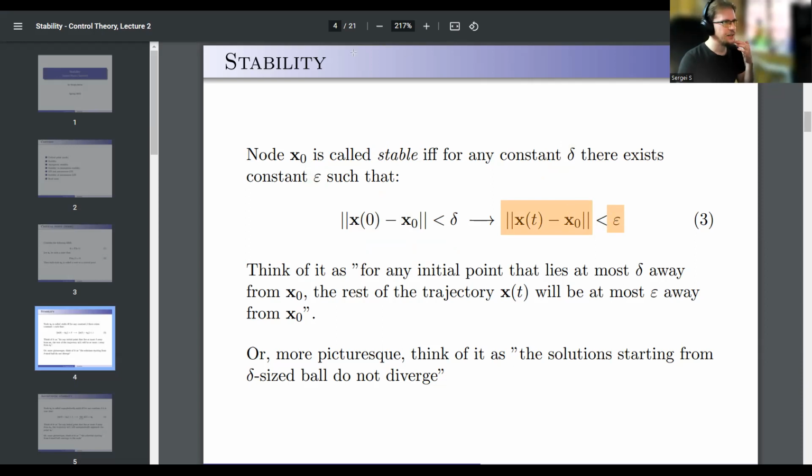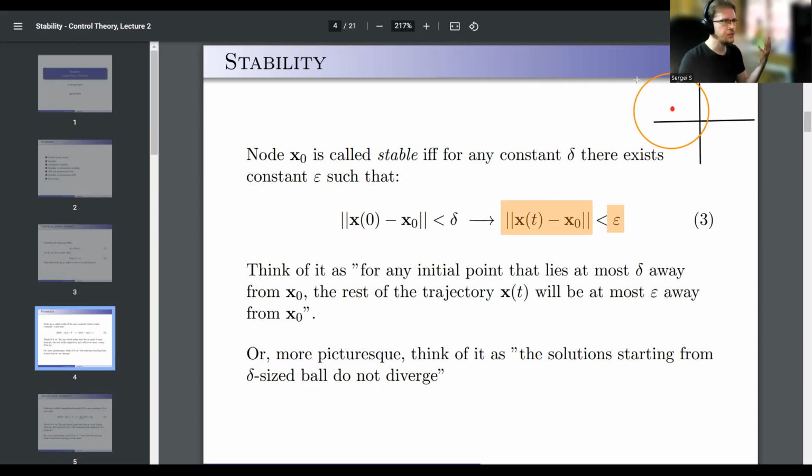So let's demonstrate it on a small example. Imagine this is your 2D plane. Your initial point is maybe here. Your node is maybe here, that is your node in x1, x2 coordinates. At this node, the dynamics is 0. Okay, and you say, we found such an epsilon.